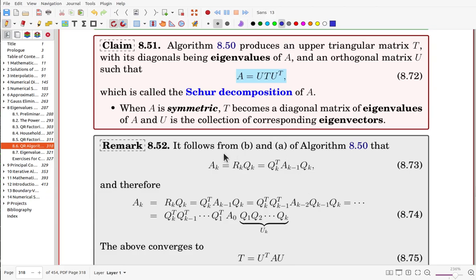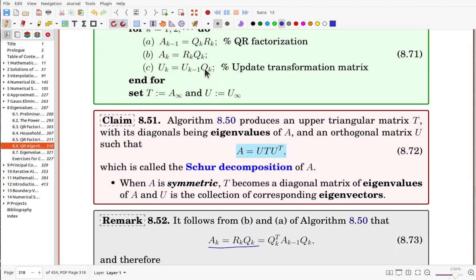Now, from the algorithm, we have that Ak is Rk Qk. And from A, we multiply Qk transpose on both sides, then Qk transpose Ak minus 1 equals Rk.